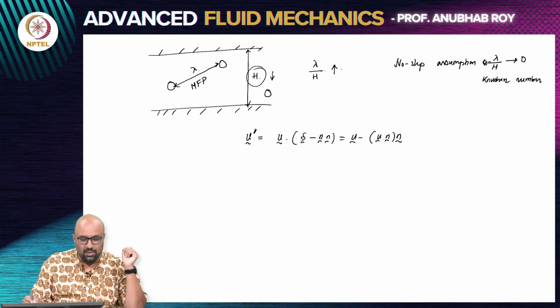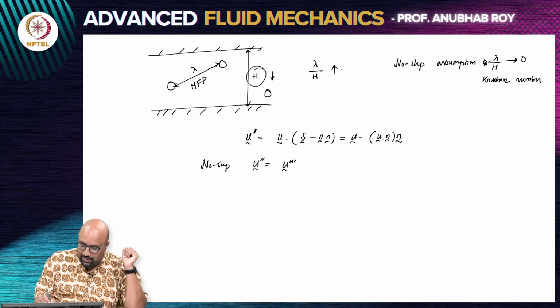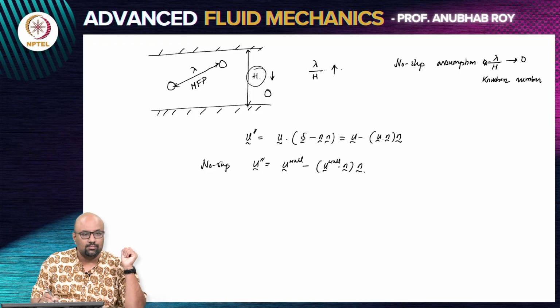If this was perfectly no slip, then the tangential component should have been equal to that. That is what it should have been equal to.